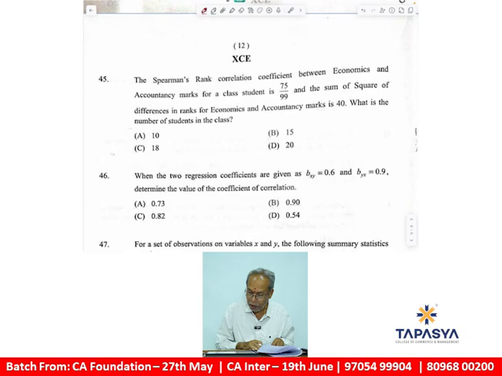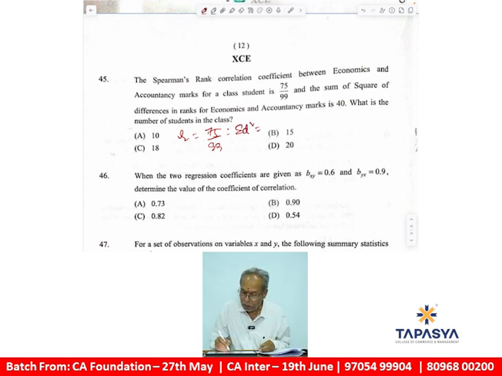Next, Spearman's rank correlation is given. Spearman's rank correlation between economics and accountancy is given as R equal to 75 by 99, and the sum of the square differences, sigma d square, is given as 40.